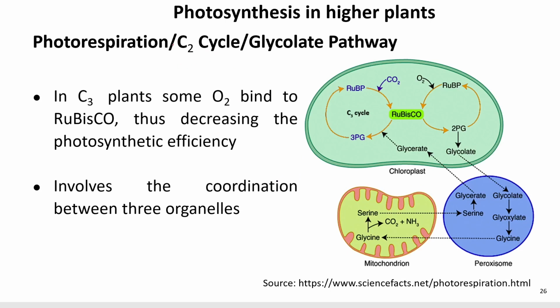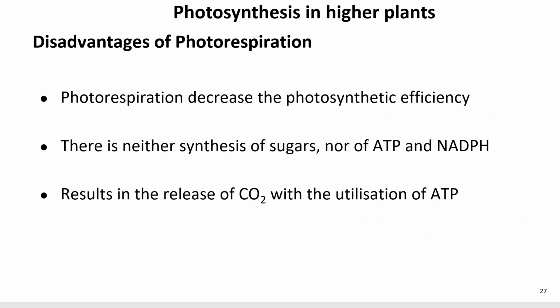Now let's talk about the photorespiratory pathway, also known as the C2 cycle or the glycolate pathway. Here you can see three organelles are present: chloroplast, mitochondria and peroxisomes. In C3 plants, some oxygen binds to Rubisco, thus decreasing the photosynthetic efficiency. Photorespiration involves the coordination between three organelles: chloroplast, mitochondria and peroxisome.